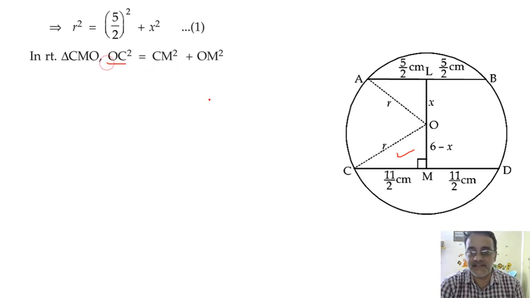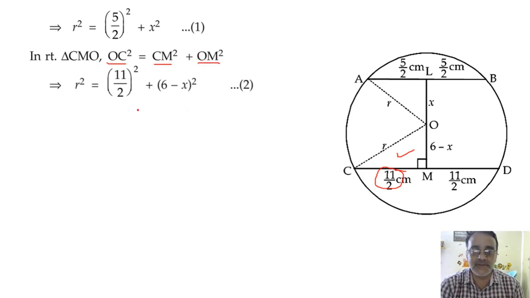Now OC is R, so you get R square, and CM is 11 by 2, so (11 by 2) whole square, and OM is 6 minus x. So we'll substitute all these values. Now we will compare these two equations, equation 1 and equation 2. The left hand side of both is R square. So from equations 1 and 2, these two are equal.